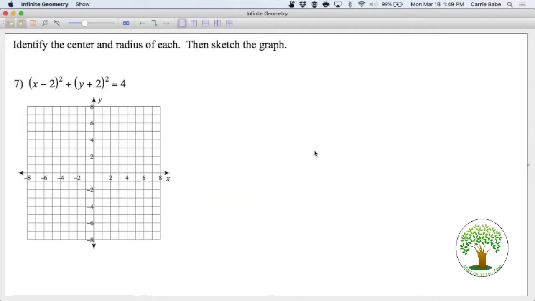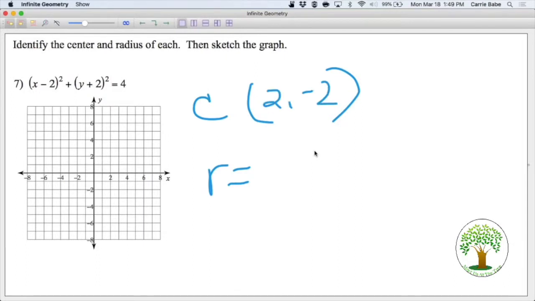This time, we're not at 0, 0. We have to identify the center and radius again. What's the center for this one? 2, -2. And the radius? 2. Okay, so this time our center is not at 0, 0.